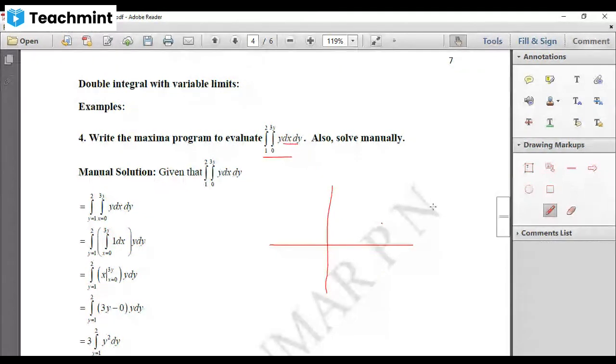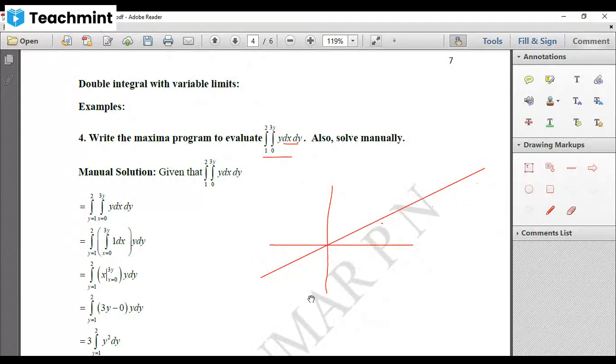You'll get a point. When y is 3, x equal to 9. You draw a line. You'll get a line like this, passing through origin. Okay? That is your x equal to 3y.